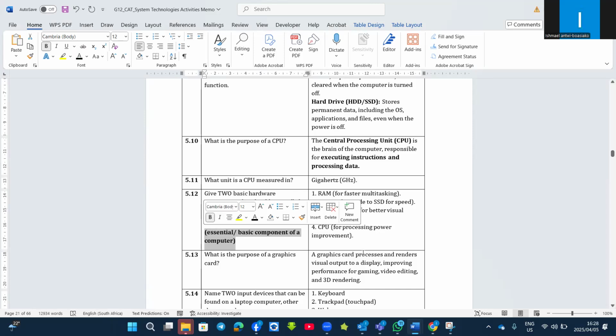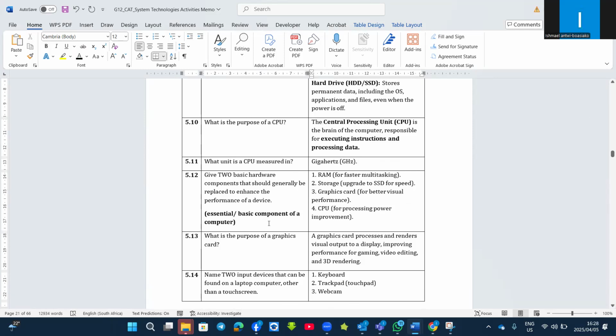The first one is CPU. We have RAM, storage, and then the graphic card. These are the most essential or the basic component of the computer, which enhance the performance of any device.